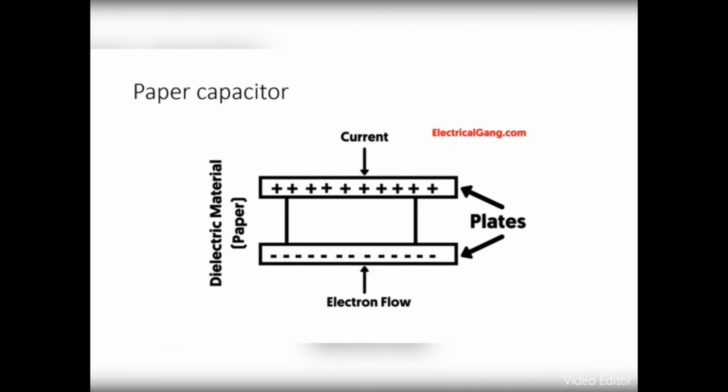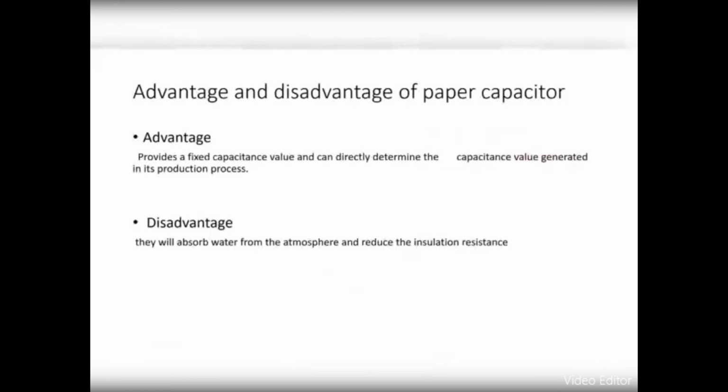Paper capacitor is a kind of capacitor. It is capacitor with paper as the dielectric. It is mainly divided into paper capacitor, paper sheet capacitor, and metallized capacitor. The advantage of paper capacitor is that it provides a fixed capacitance value and can directly determine the capacitance value generated in its production process.